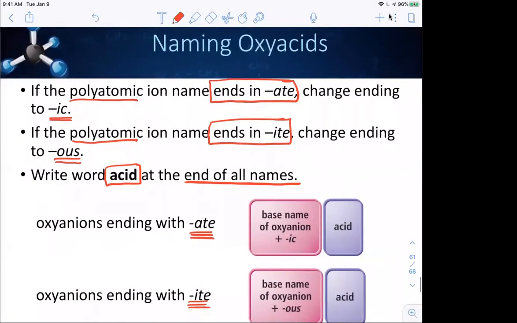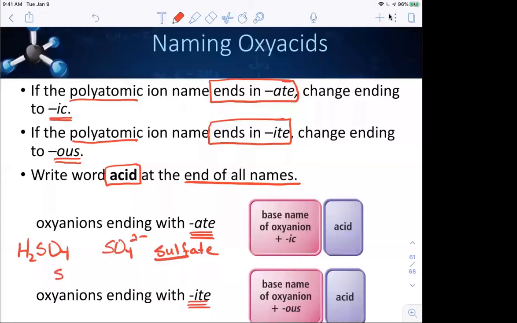So let's look at H2SO4. Remember, SO4 2-, is sulfate. So I would use the base name, which actually happens to be sulfuric.